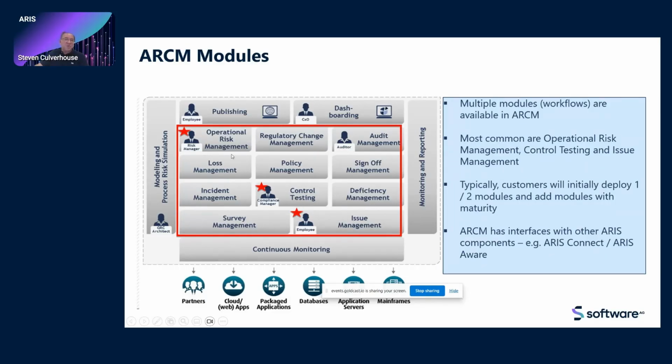So that would apply to risk assessments. It would apply to control testing, incident and loss management. The only one that's slightly different would be the audit management one, because you've got a lead auditor, you've got audit step owners, you've got reviewers, you've got two or three different roles involved in the workflow.